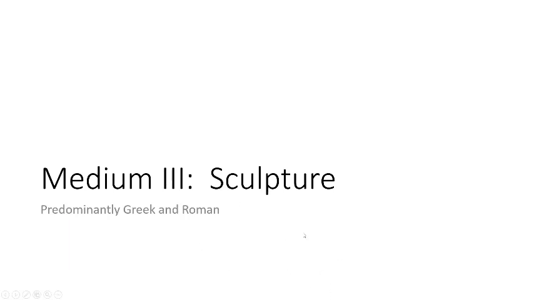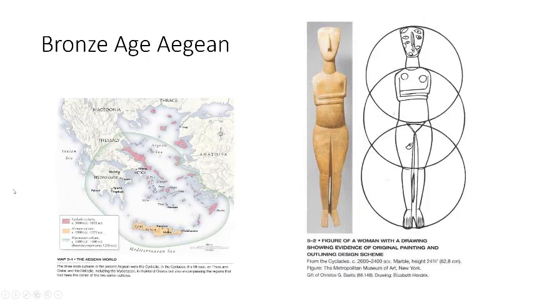Most of the examples that I have to show you in here are Greek and Roman, but I have quite a lot of Etruscan stuff too. So let's go. Where does sculpture start? Well, in your readings by Merton, she starts in the Bronze Age, some early Bronze Age in the Cycladic Islands, and you've certainly been introduced to those things especially in chapters in the first half of this semester.